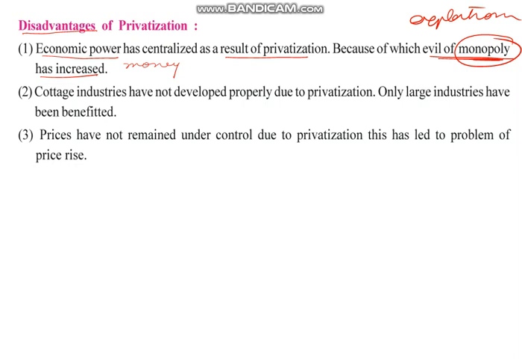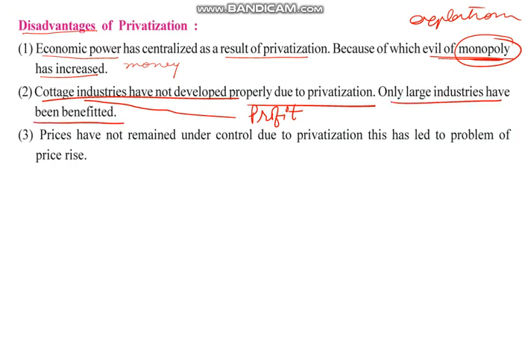Second, cottage industry has not developed. Cottage means small scale industry, the industry usually carried out at homes. Cottage and handicraft industries did not develop properly due to privatization. Why? Because private companies are more interested in profit, and there is very little profit in cottage industries. Only large scale industries have benefited.